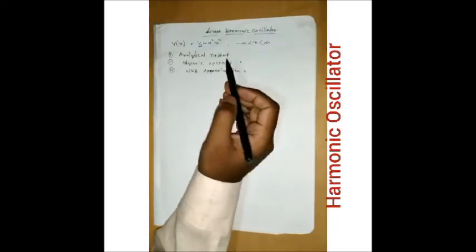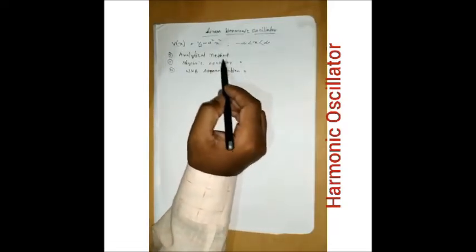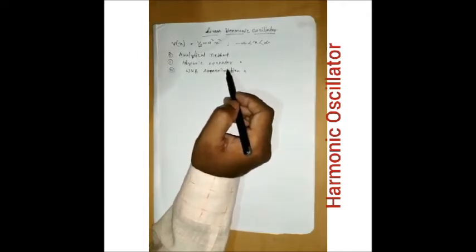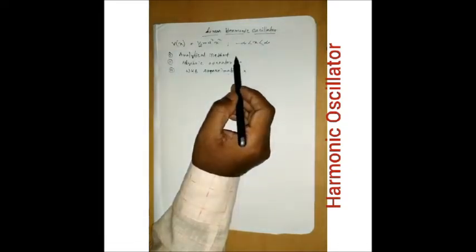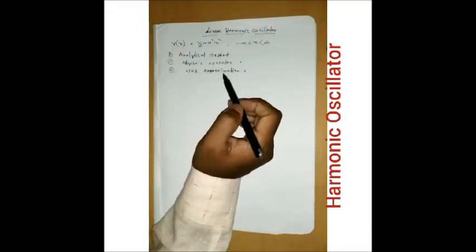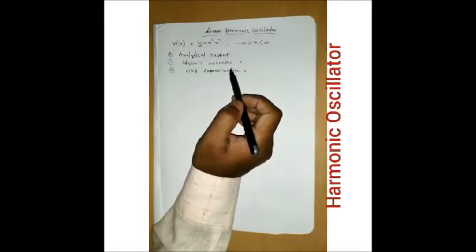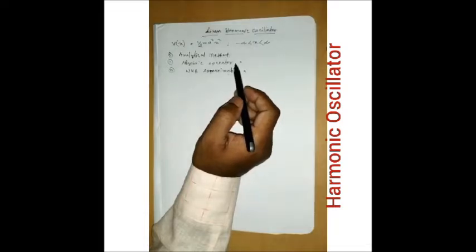Knowing how to solve it using the operator, analytical or WKB method is not enough, because there will be a different kind of problem in the CSIR examination. They will never ask you to solve it analytically, by operator or by WKB method. They will give you some different question related to the harmonic oscillator, and you have to solve it.